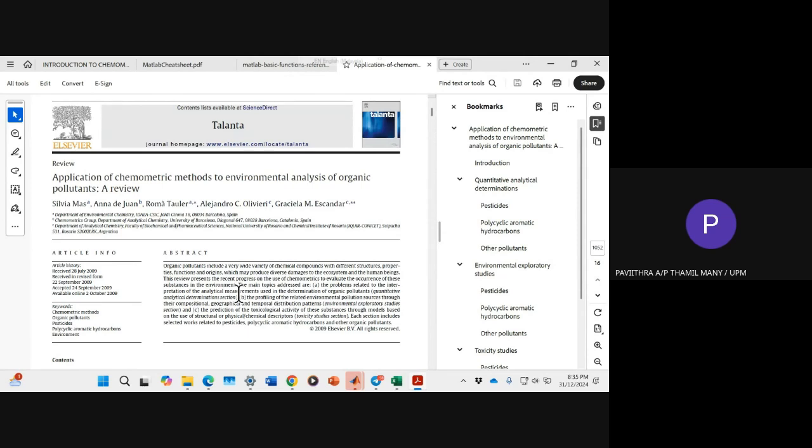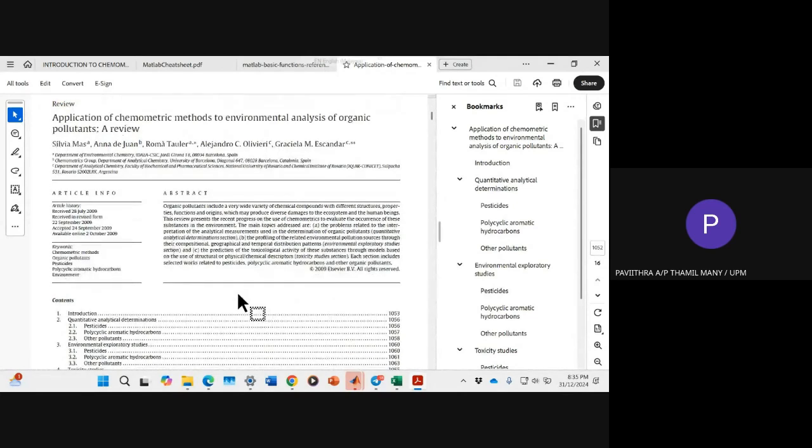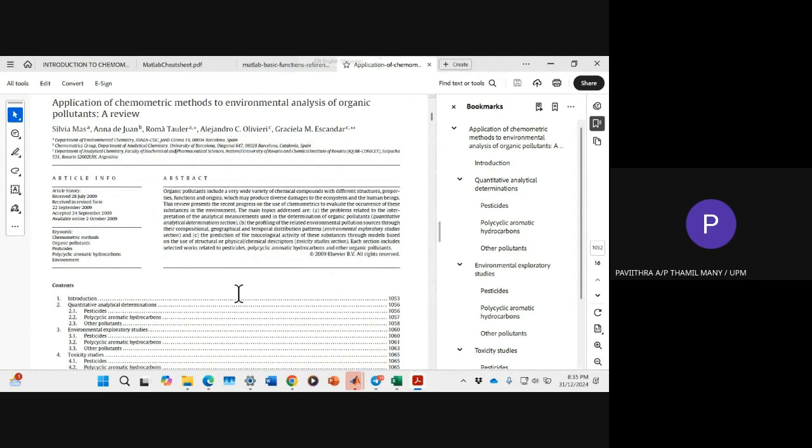They explain that chemometrics can be used for three types of analysis. First, for quantification. Second, for environmental quality analysis. And third, to predict the toxicological effect from the structure. To understand better, I chose the quantification of pesticides.